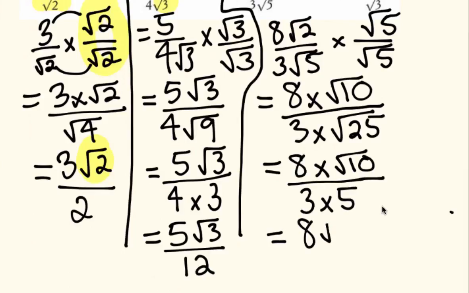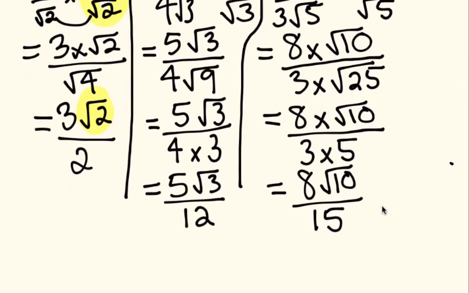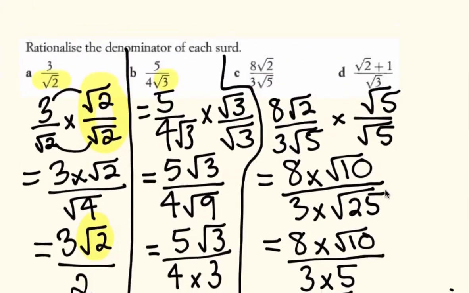So 8 square root 10 all over 15. And once again, we can't simplify because we have 8 and 15. They don't have any common factors. The 10 and 15 do have common factors, but because the 10 is underneath this square root symbol, we are unable to do that at this stage.